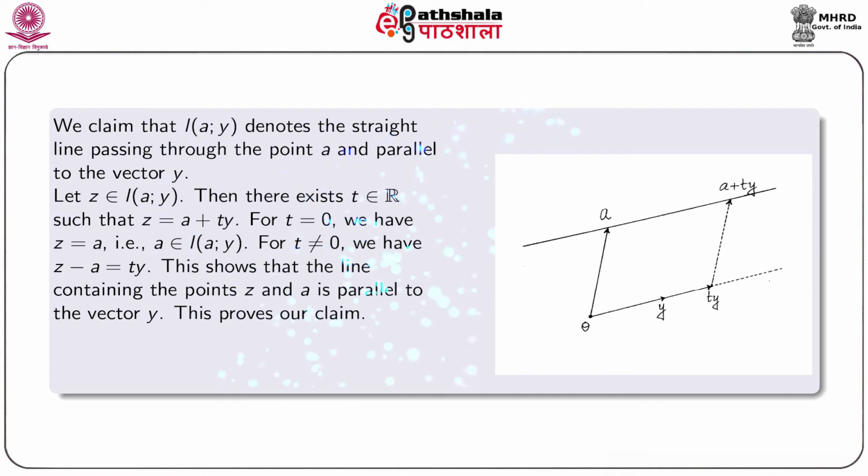In particular, if t happens to be 0, we have Z equal to a, that is, a is a member of L_y. If t is non-zero, then we have Z minus a equal to t y. This shows that the line containing the points Z and a is parallel to the vector y. This proves our claim.